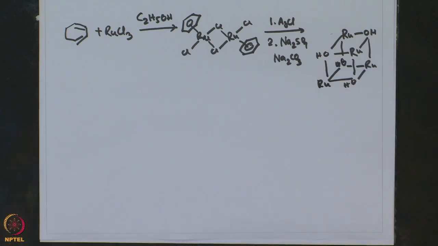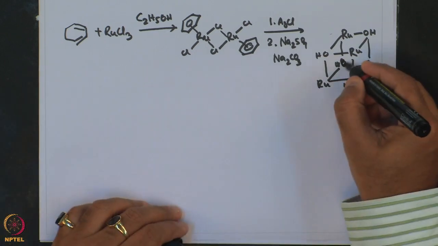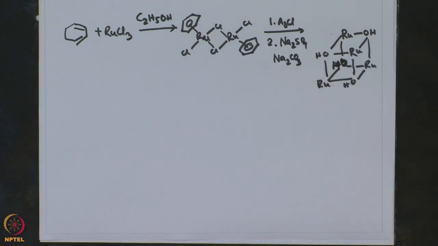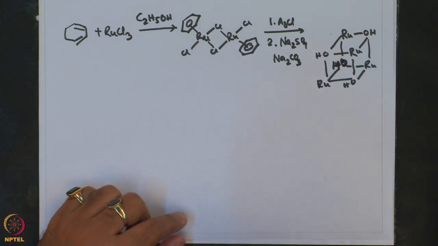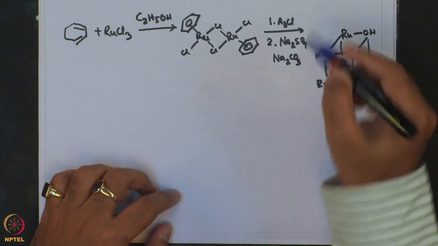On each of these ruthenium, this is OH, and each of these ruthenium is bound to a benzene ring.